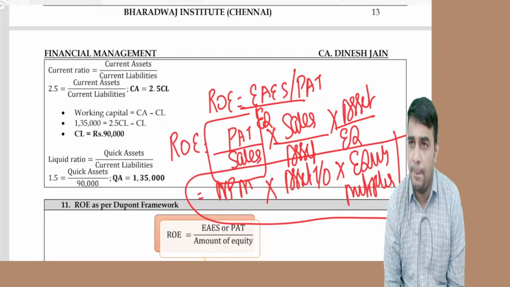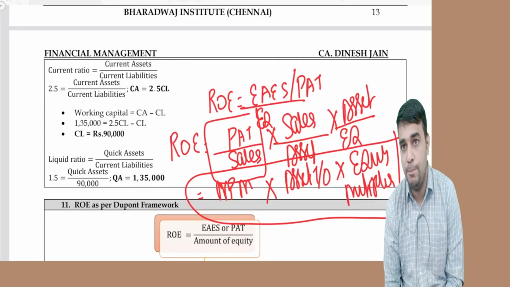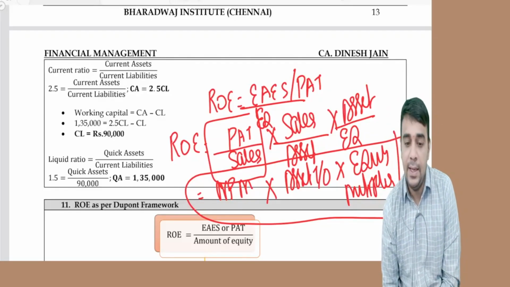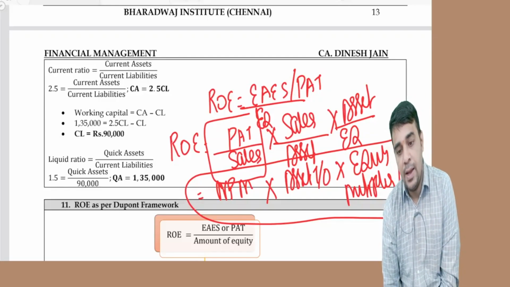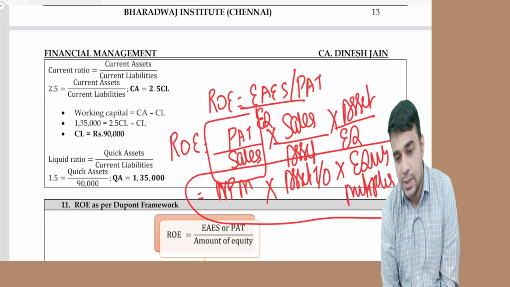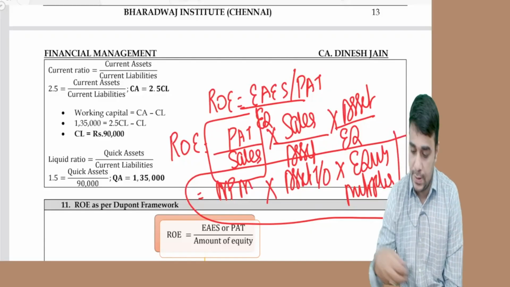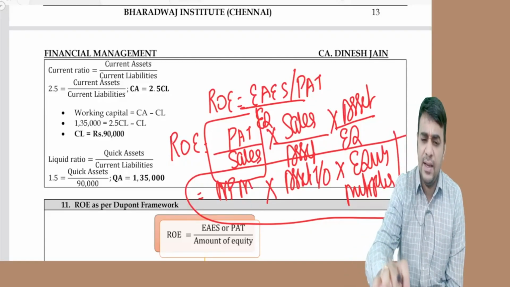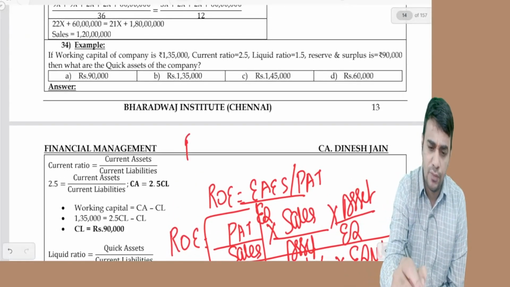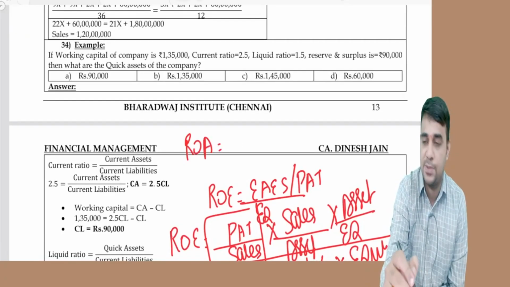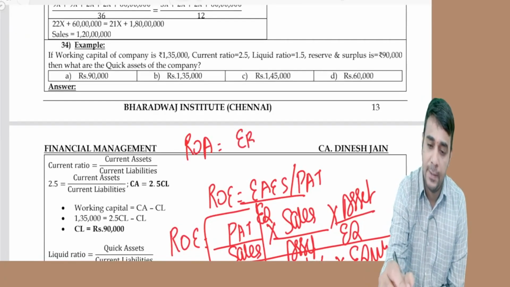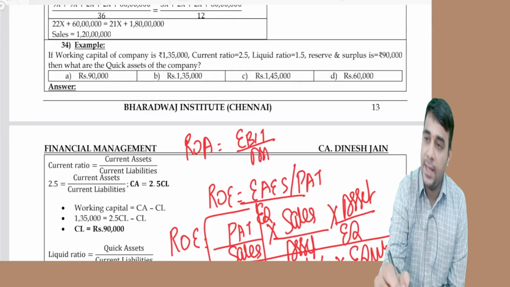So if a company wants to improve ROE, it can improve PAT by sales, or improve sales by asset, or improve asset by equity. Same way, he gave another thing also, which is not there in our material, ROA expansion. ROA formula was EBIT by asset.